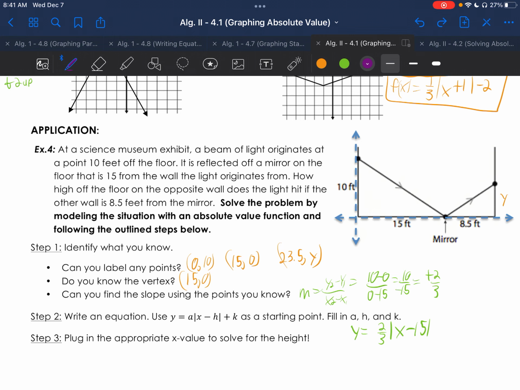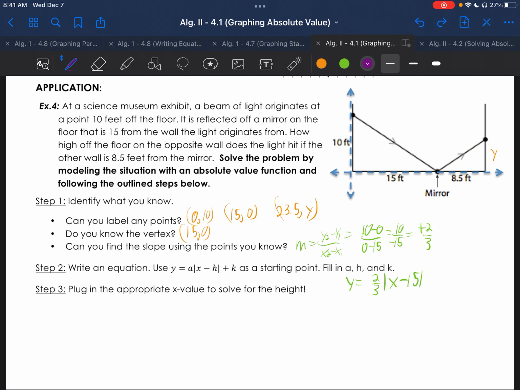So we want to know the height 23.5 feet away from the wall, because the 15 feet to get to the mirror, the 8.5 feet to get from the mirror to the other wall. So we take this equation, y equals 2/3 times the absolute value of x minus 15, and we put in 23.5 minus 15. And we start solving.